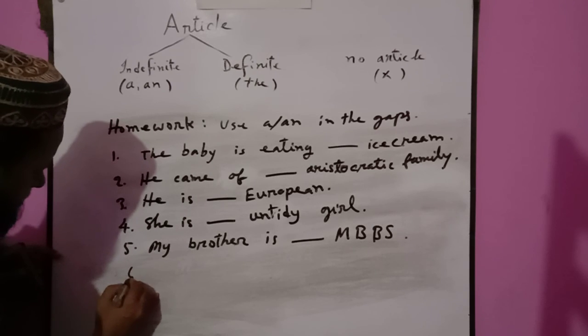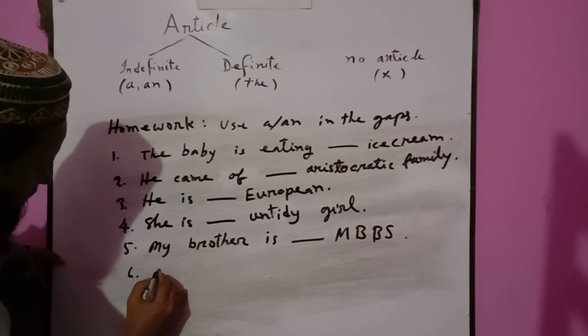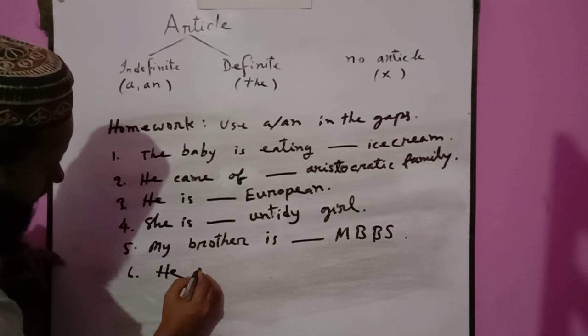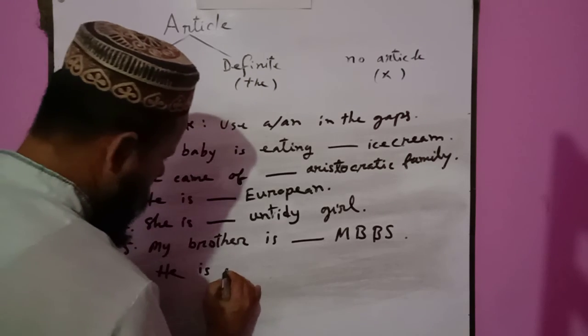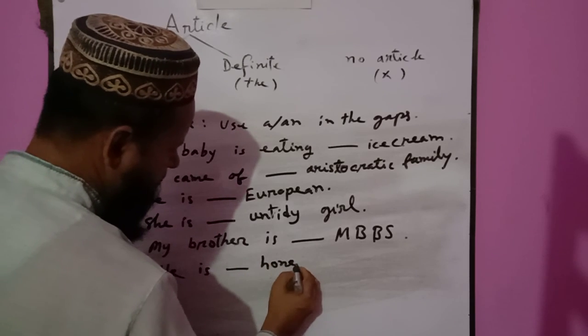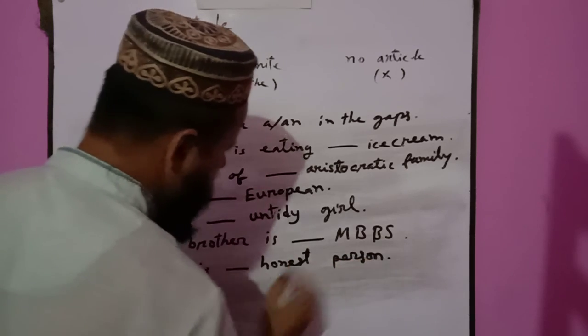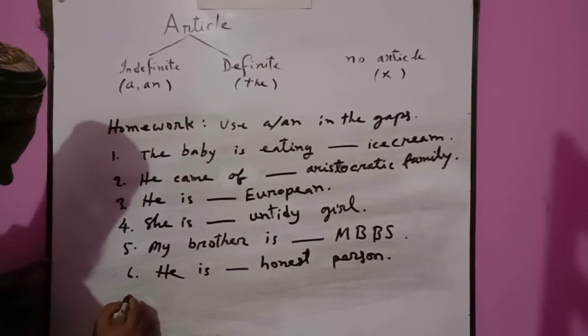Number 6. He is dash honest person. And then number 7.